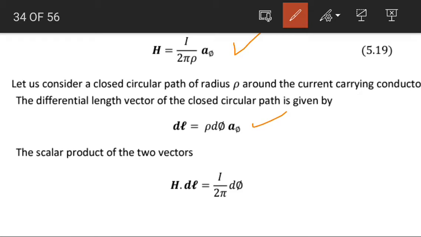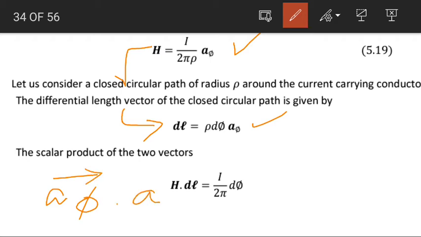We calculate the scalar product of these two vectors. So let us calculate H dot dl. As you know, these two vectors are in the same direction, and a phi dot a phi will be equal to 1.